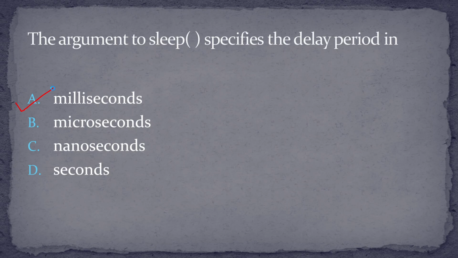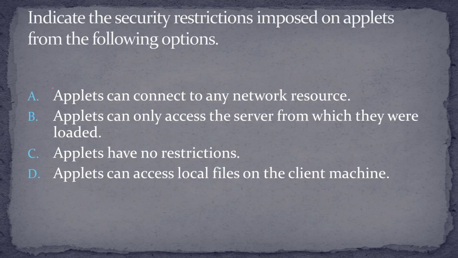So let's move on to our next question, which asks to indicate the security restriction imposed on applets from the following options. Applets can only access the server from which they were loaded, right?